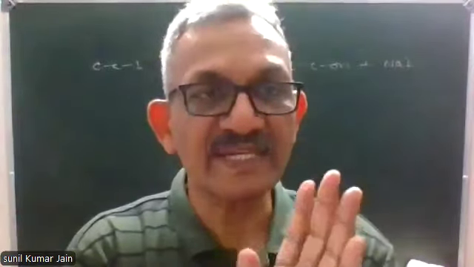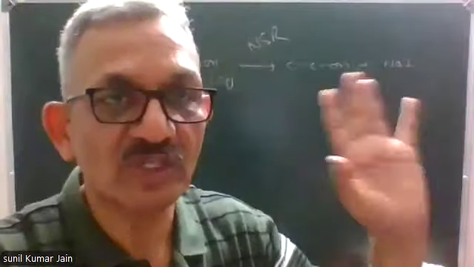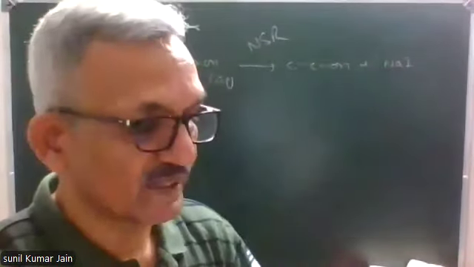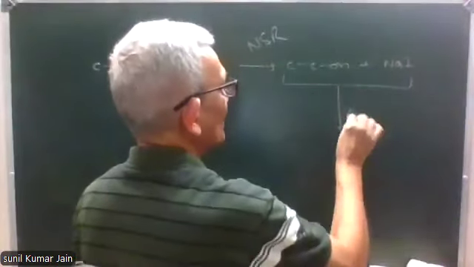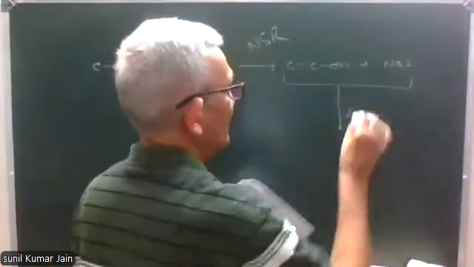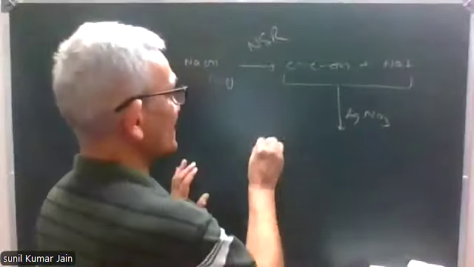But this question says products. It means a mixture of both these products is treated with silver nitrate solution. Silver nitrate will not react with alcohol. This will remain as such.